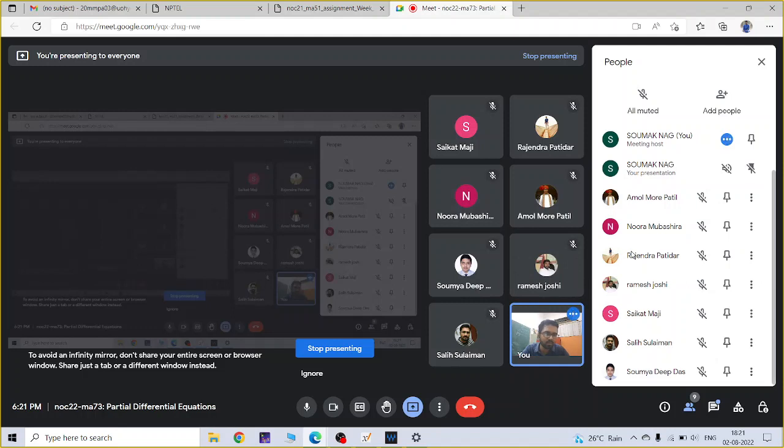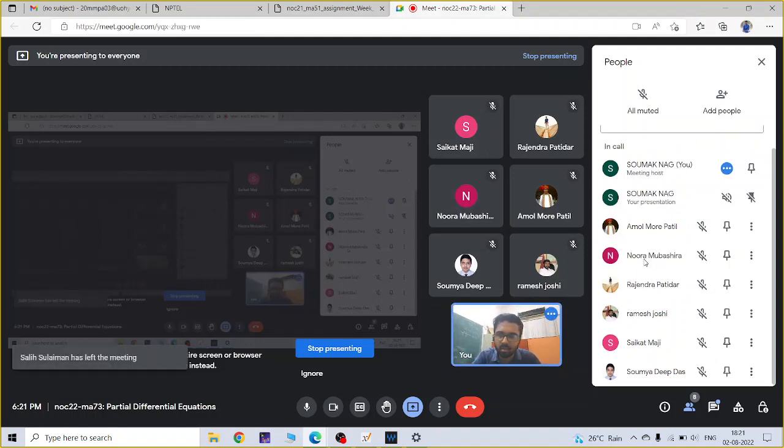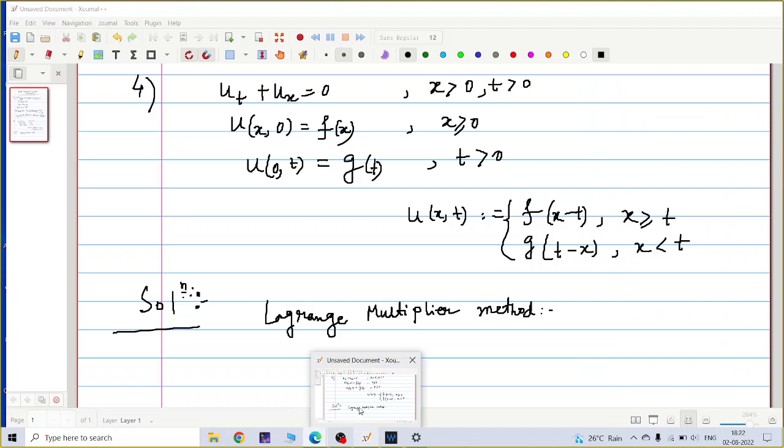Unmute yourself, or otherwise type in the chat box. Lagrange multiplier method, anyone? Anyone? Ramesh or Somadip or Rajendra? Okay, I will tell them.